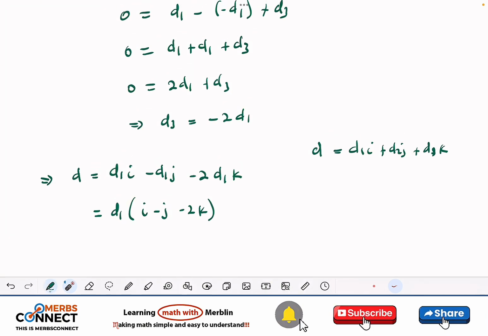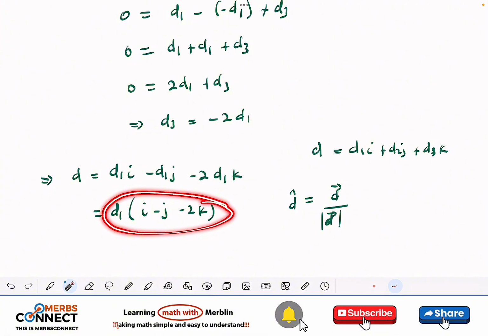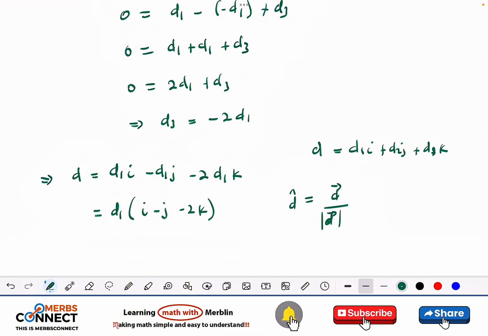So now what we are going to do is, since we are talking about unit vector, then the unit vector of this should be the vector D divided by the magnitude of D. So what we just need to do is find the magnitude of this. So what is the magnitude of that? So magnitude of D, since D1 is a constant, I just maintain my D1 out and then pick the square root of this.